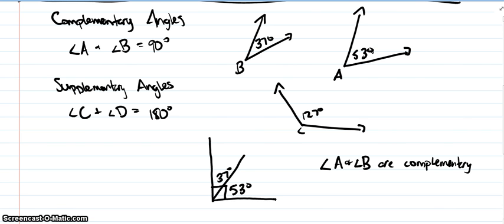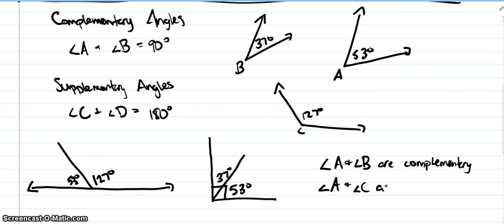And also, 53 plus 127 is going to give you 180. 180 is a straight line, and one would be 127, and the other would be 53. And so angle A and angle C are supplementary.